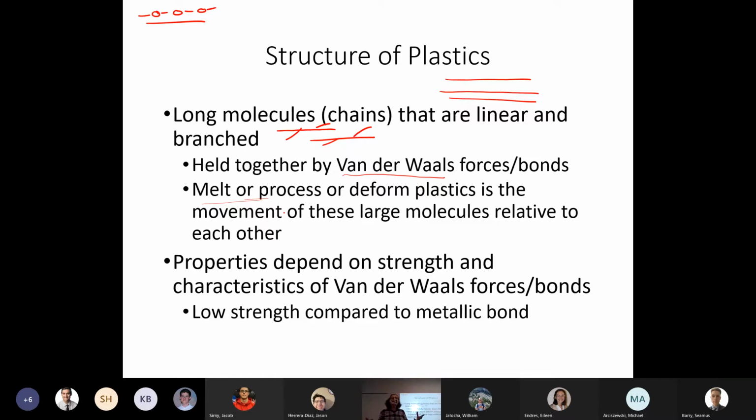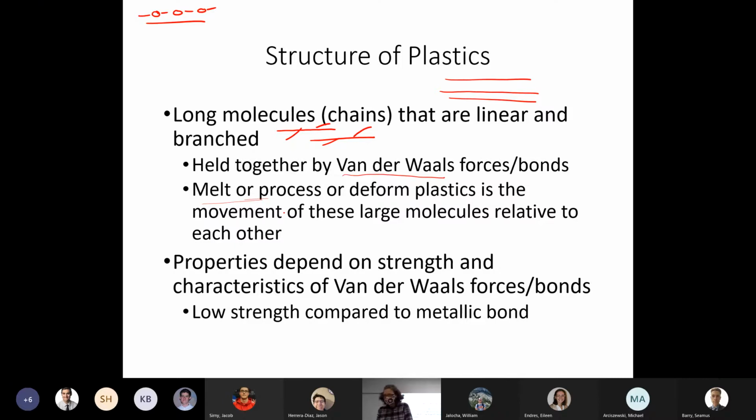And the easiest way to do that is to increase the temperature. So we increase the temperature, the distance between the molecules increases, strength goes down, those molecules can flow, change shape, and then once it cools down, the molecules get closer together and the van der Waals bonds get strong. Okay, so that's the general idea of what we have going on.